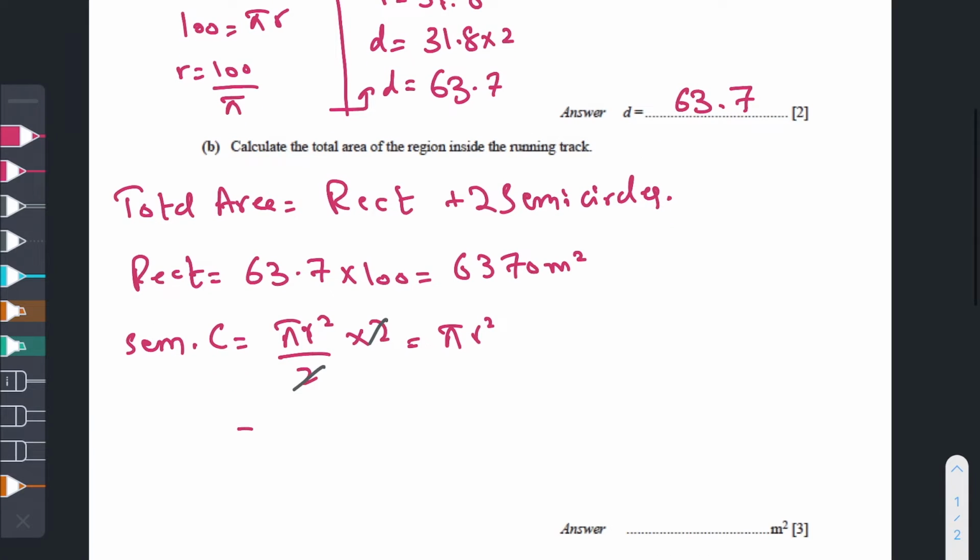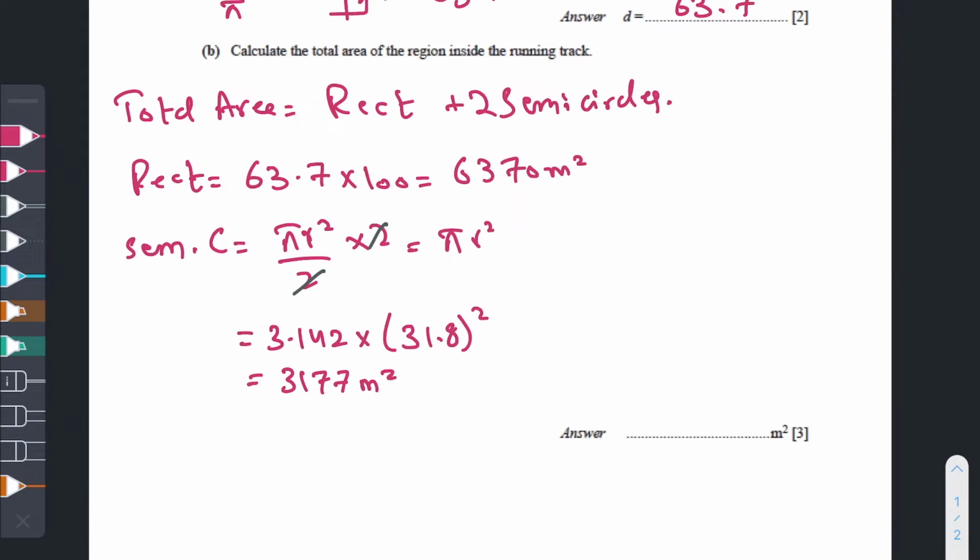The radius that we found in the previous part, first we multiply 3.142 by the radius, which is 31.8 whole squared. 31.8 squared times 3.142 gives us 3177 meters squared.